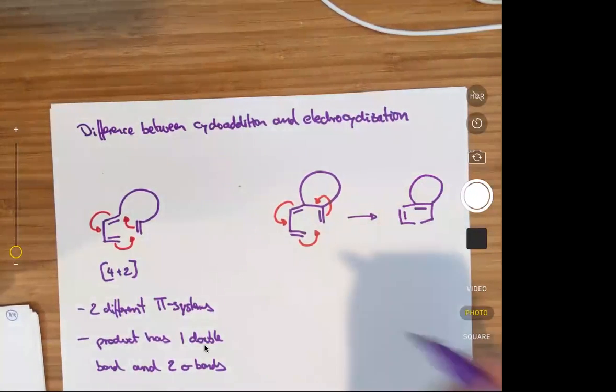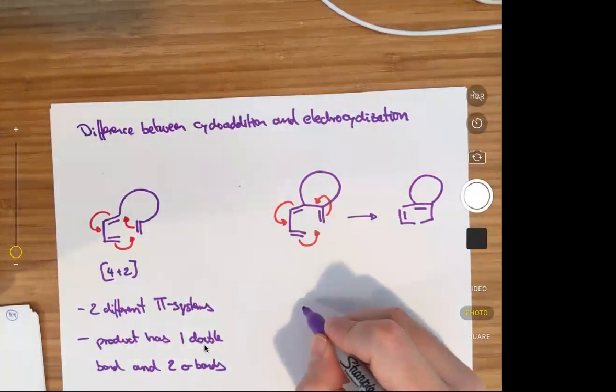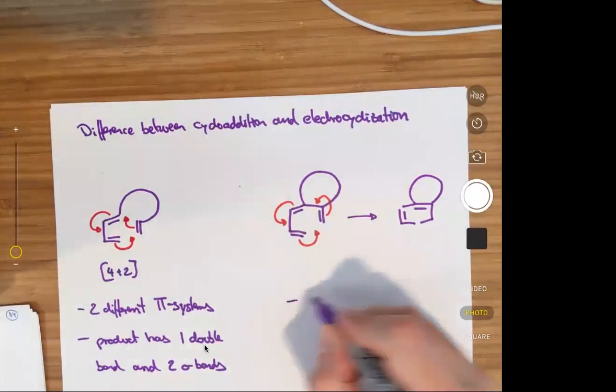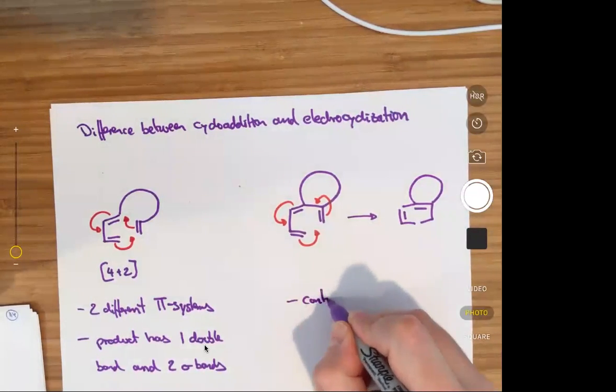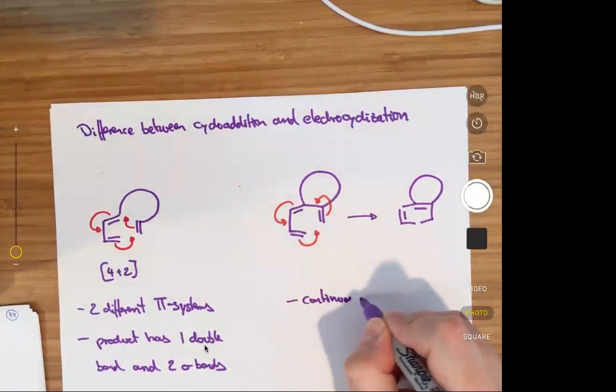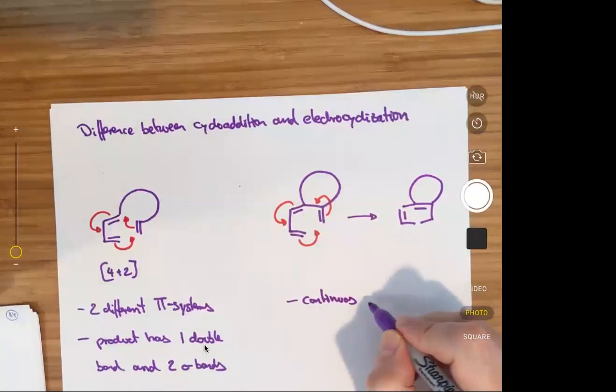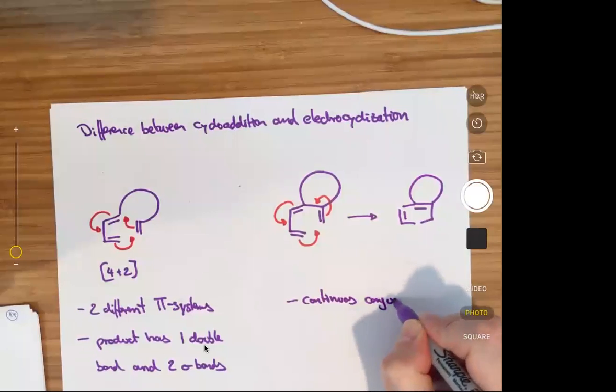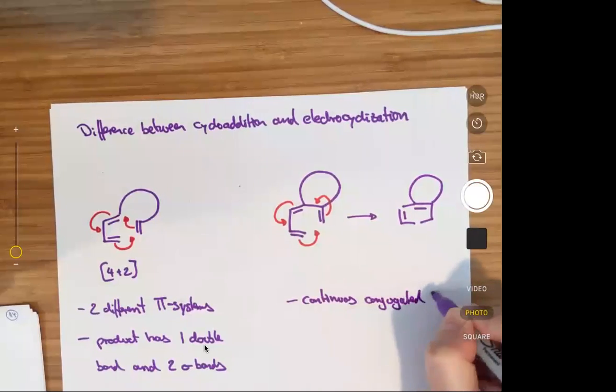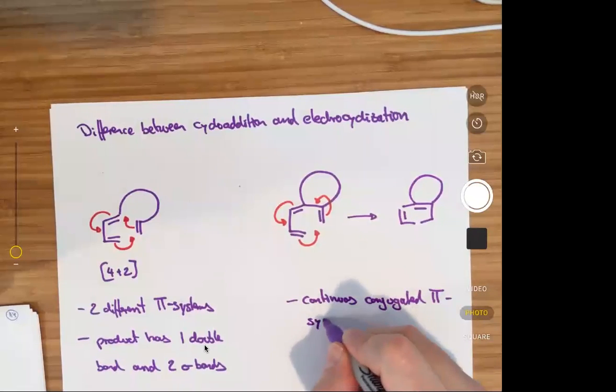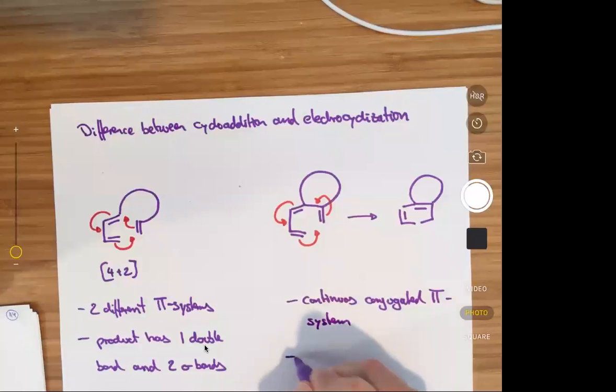So this is a continuous conjugated pi system that reacts. Conjugated pi system. And what we are forming is essentially a diene as the product.